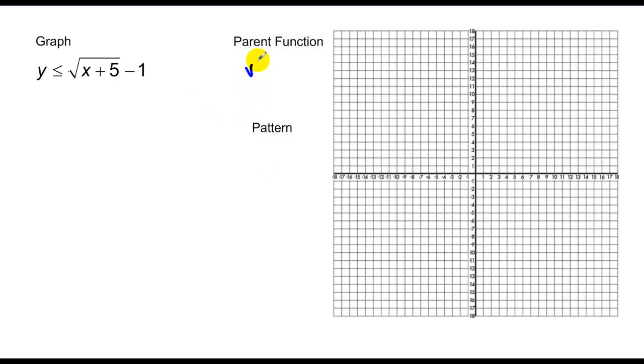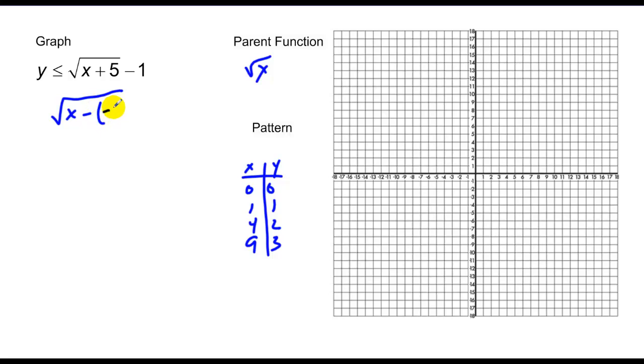Likewise, same parent function, root x, same pattern because there's no h and k in this case. We have x and y. We've got 0, 0, 1, 1, 4, 2, 9, 3 again. Notice, very similar to the last problem, rewrite x minus a minus 5. This goes down 1 though, so I'm going back 5, down 1.